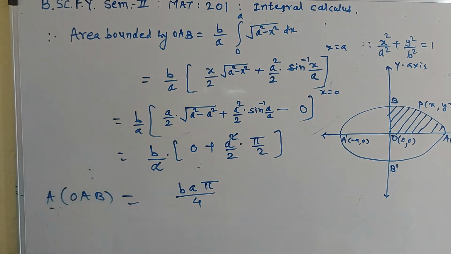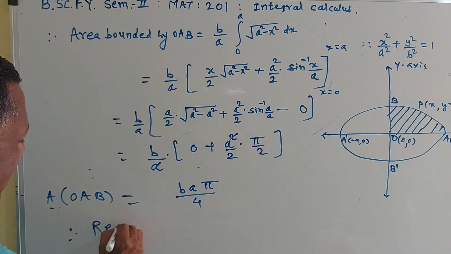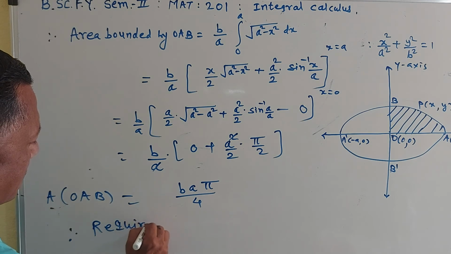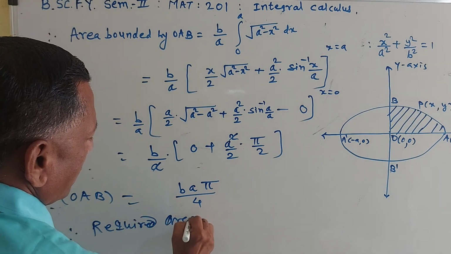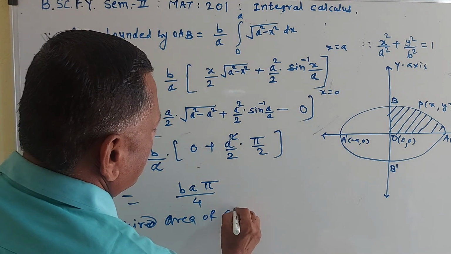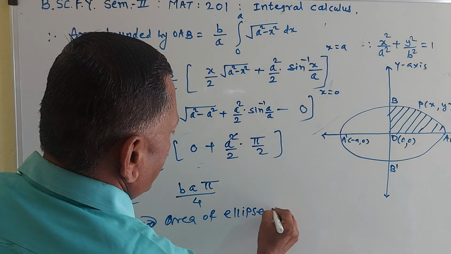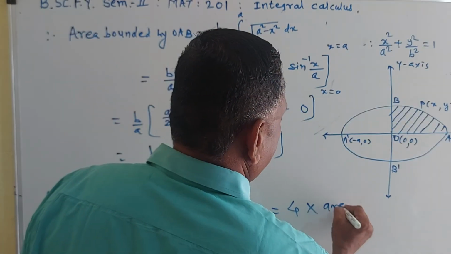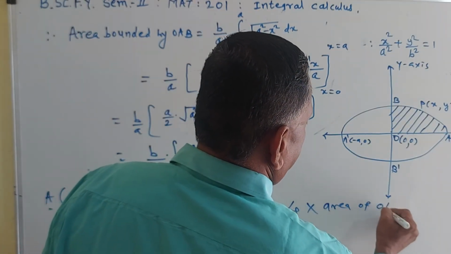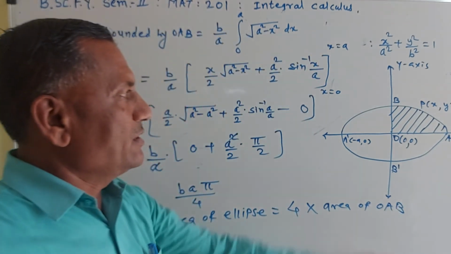The required area of the ellipse is equal to 4 into the area of the region OAB.